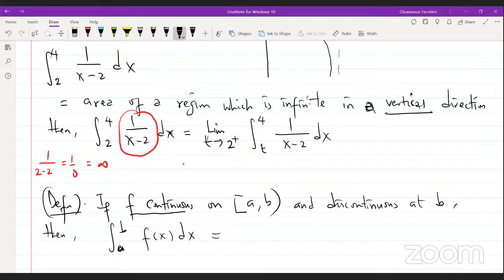This is continuous here, but discontinuous here. So that means I have to fix that point of discontinuity. So if I fix that point of discontinuity, this is b, right? This is a to t. Okay, because you need to fix that point.